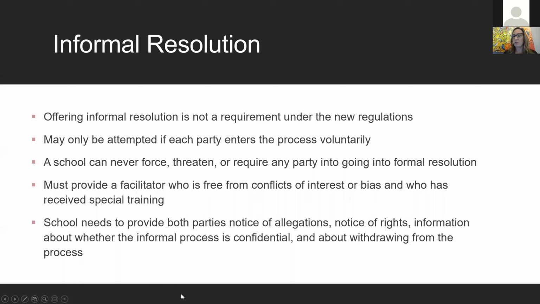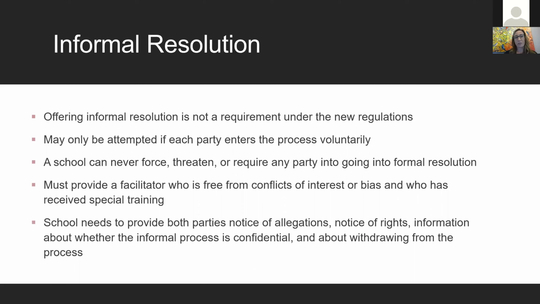So we talked about informal resolution, and this is an option. It's not something any LEA needs to do, but they do need to offer that up front. When they receive actual knowledge, they need to say, here are options. This is something that you could use.